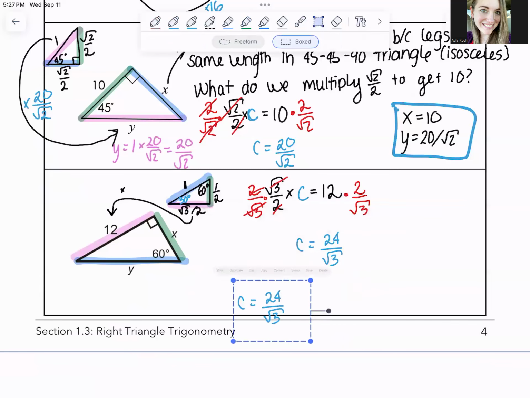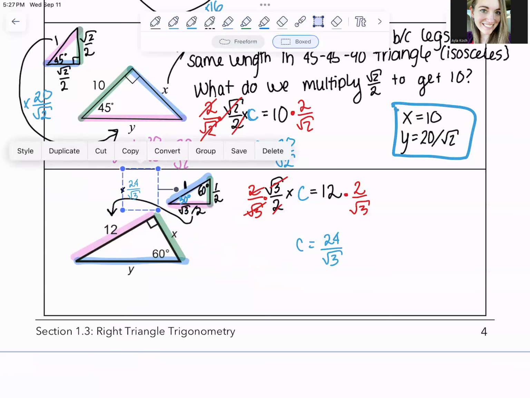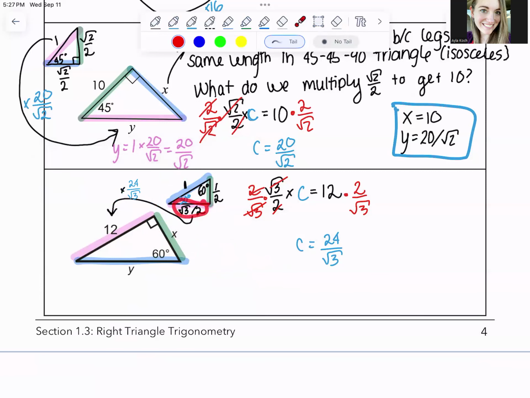So that's what we scale by. That's the factor we're scaling by, 24 over radical 3. We multiply the side length in our sample triangle, square root 3 over 2, by 24 over radical 3, and we should get 12. So we'll do that with all the side lengths.